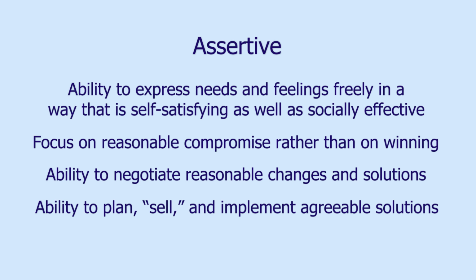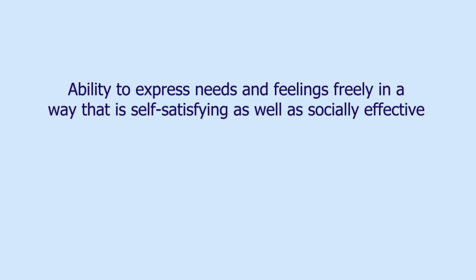This video will focus on the first feature of an assertive style, the ability to express needs and feelings freely in a way that is self-satisfying as well as socially effective.